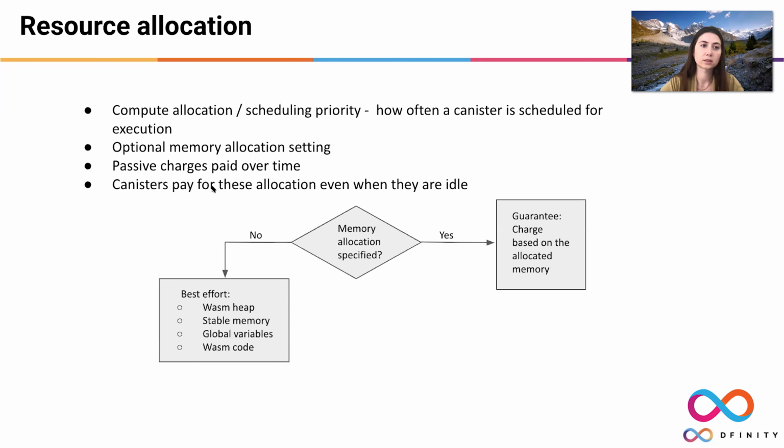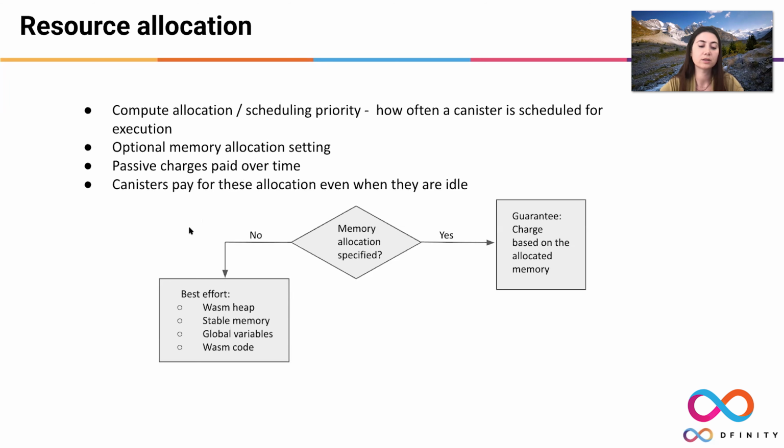While for the resource allocation, a canister will have to pay for the resource allocation the entire time, no matter what, even when the canister is idle and it's not doing anything.